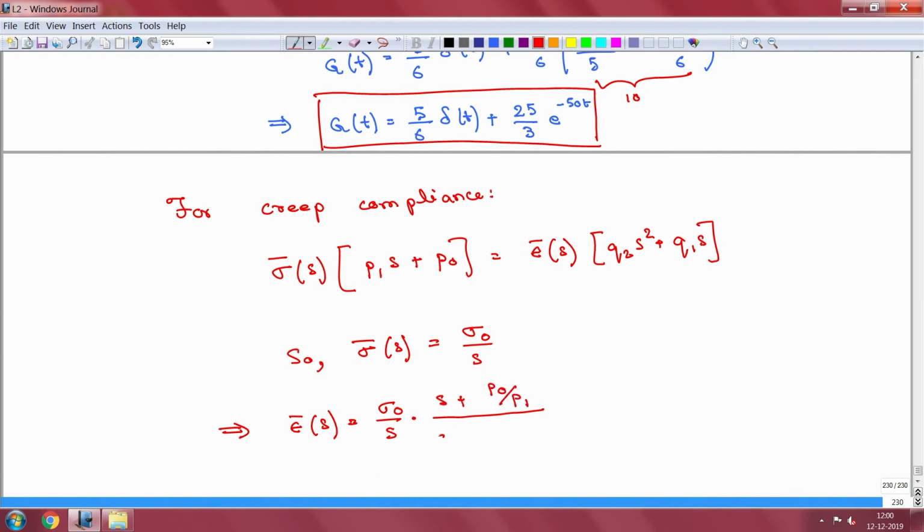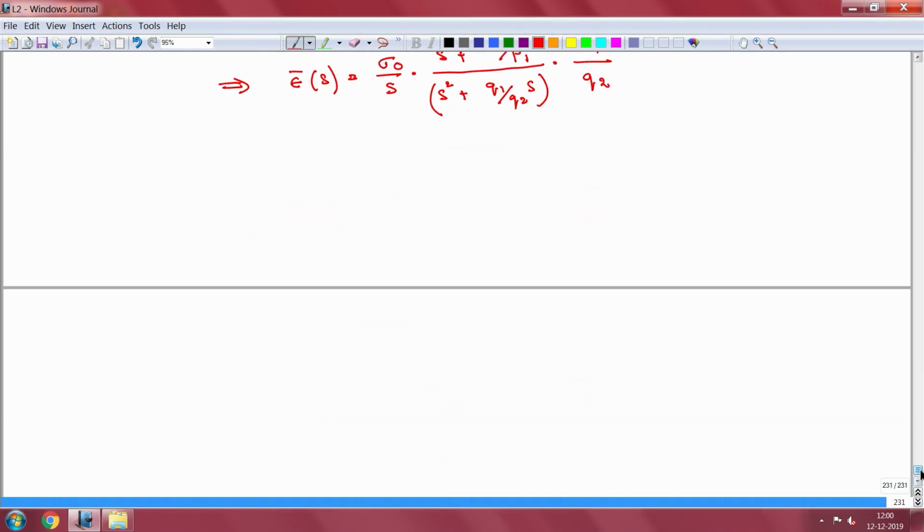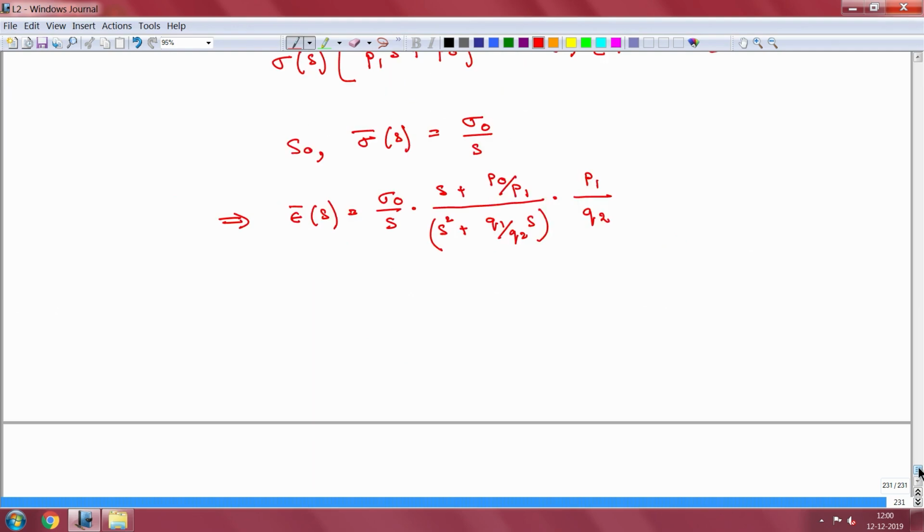I am just simplifying the numerator a bit. You have s square plus Q1 by Q2 s, and since I have divided the numerator by P1, I am just going to multiply here by P1, and here we will have Q2, right.